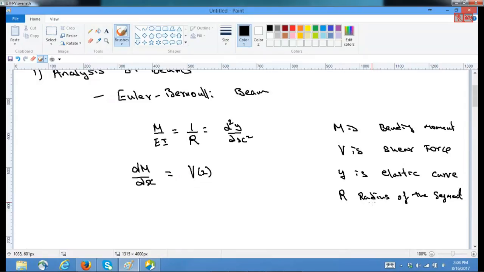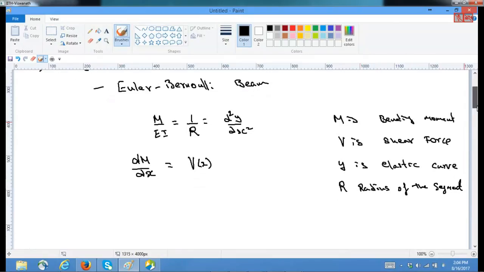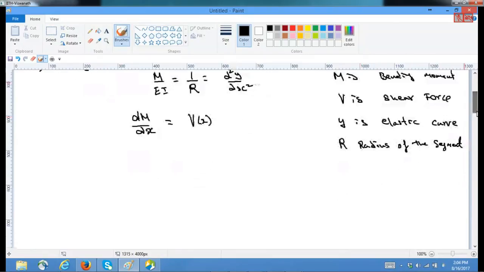Okay, and this is also equal to 1 over kappa, where kappa is the radius of curvature.